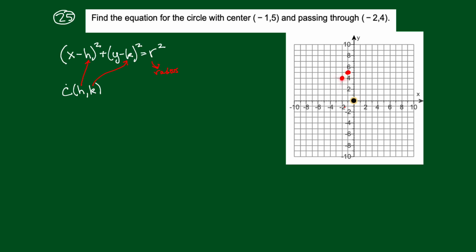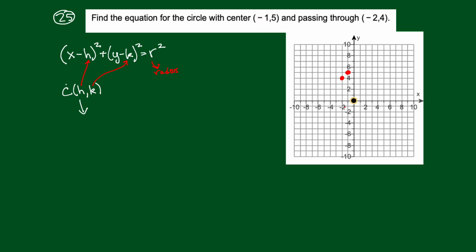In fact, why don't we find that radius and we'll use that for the number r. But I already know h and k. The center is at h, k. So what is h and k in our case? h is the x-coordinate of the center, and you could look at the picture, but it's right here at -1.